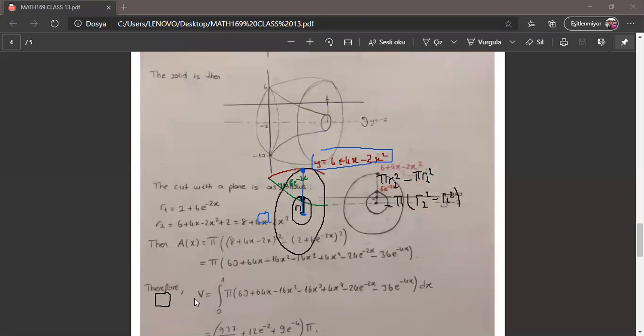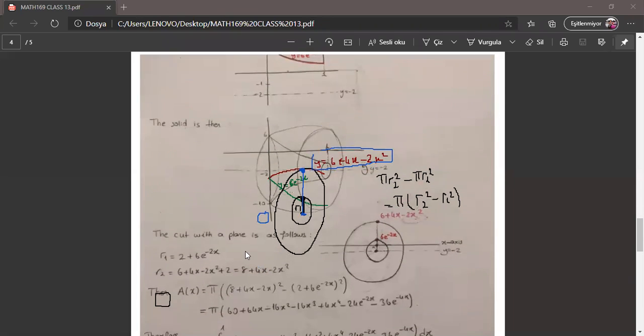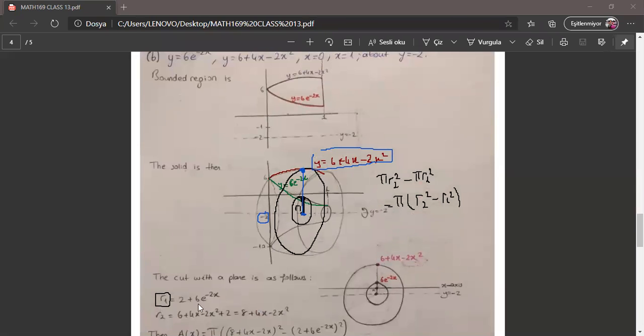So what's the volume? Here we have the area. We wrote all terms, all radii, the area, all functions in terms of x. So we need to find the boundaries of x, right? What's that?